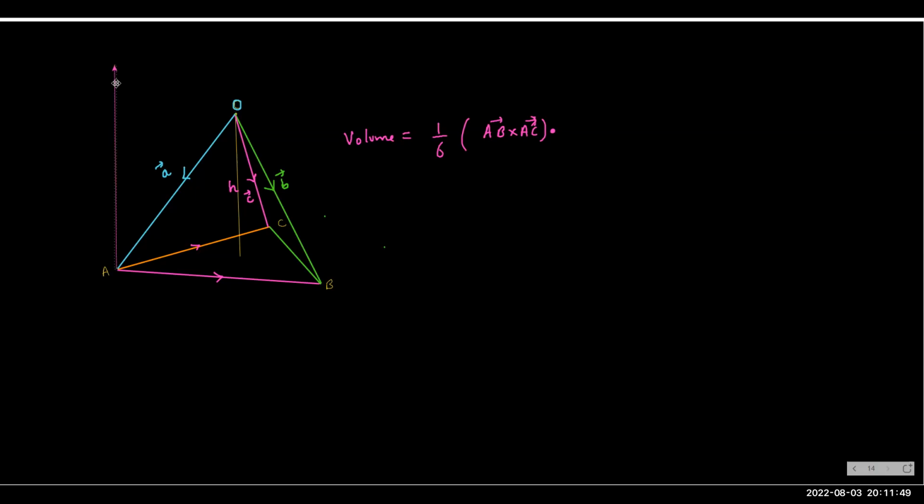So for AB cross AC, this is N cap, and we want this projection actually. This is the height, and this height you can think of as the projection of A onto this line.